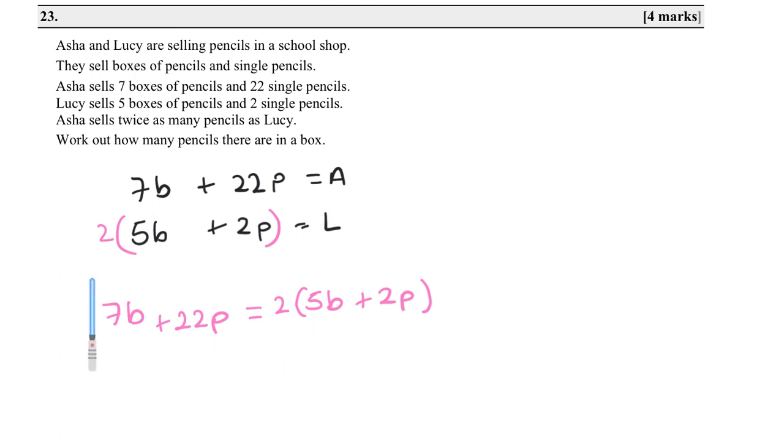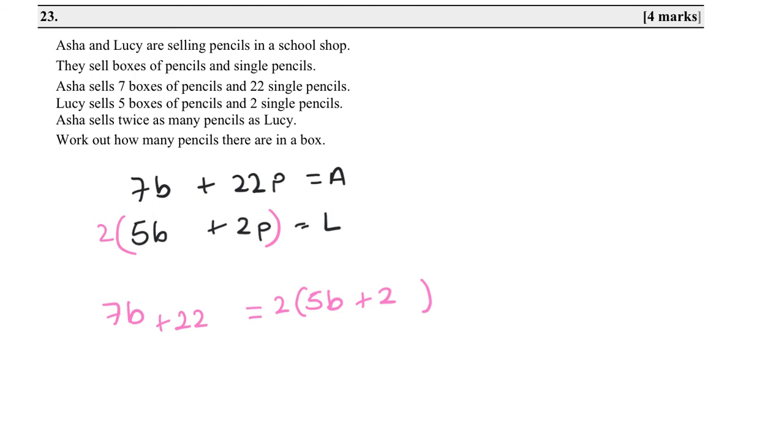And I know if I expand and simplify this, I'm then going to have 2 variables which I'm not going to get rid of. But what I've realised is even though this looks like 2 variables, they're actually still pencils. We have boxes of pencils and then single pencils. So these single pencils, we can just leave it as the number because we just need to work out how many pencils there are. Okay, so now we can expand.